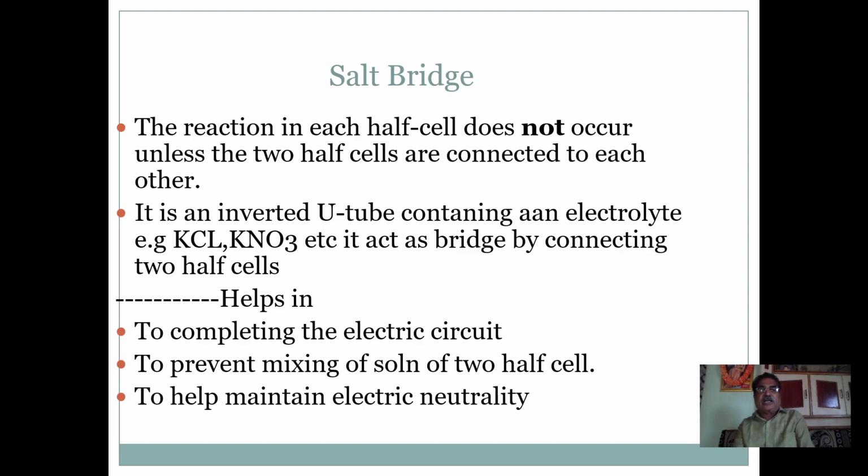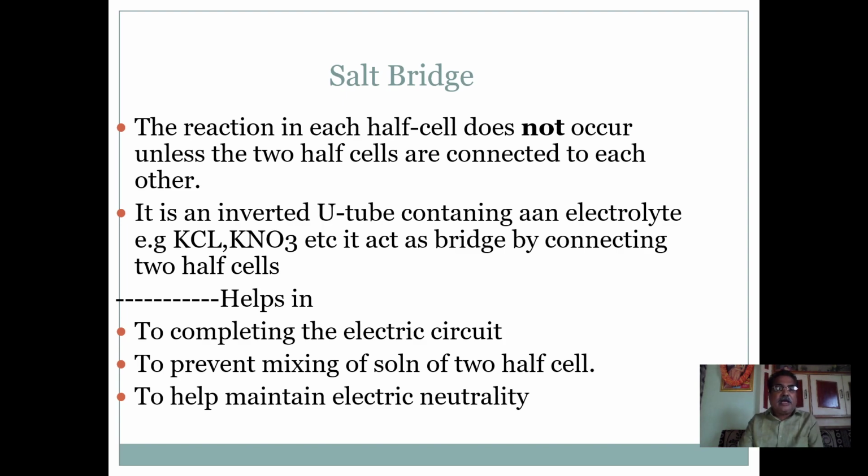Now, the second topic we have discussed is the salt bridge. The reaction in each half cell does not occur unless the two half cells are connected to each other.